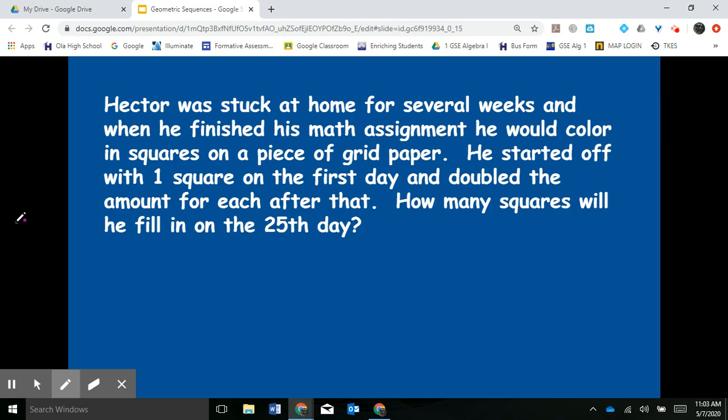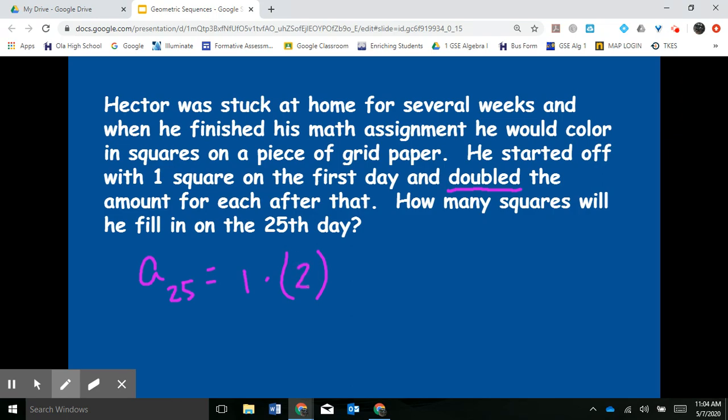So this is a sequence. It went from 1 square, times 2 is 2, times 2 is 4, times 2 is 8, and just kept on going. So for the 25th day, how many squares on the grid paper would he color in? Well, we'd put it in our formula. I want the 25th day, so that would be the 25th term. Day 1, he colored in 1 square times the common ratio, he doubled it, so it's being multiplied by 2.